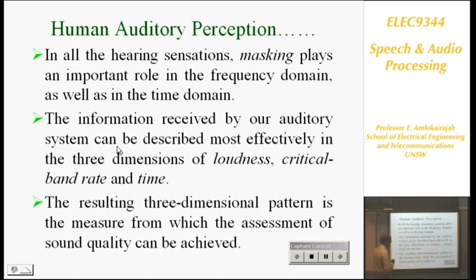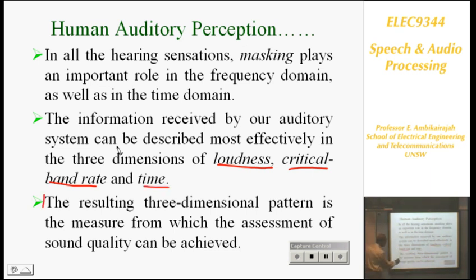So basically, we can say the human auditory system perceives three things very, very clearly. One is the loudness, which is very important. Then what we call the critical band rate. And the third one is the time, which is the duration.